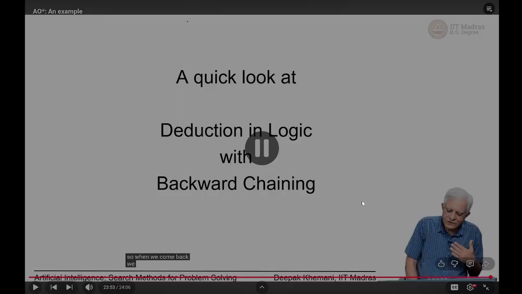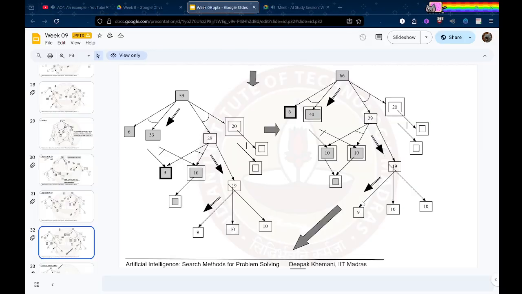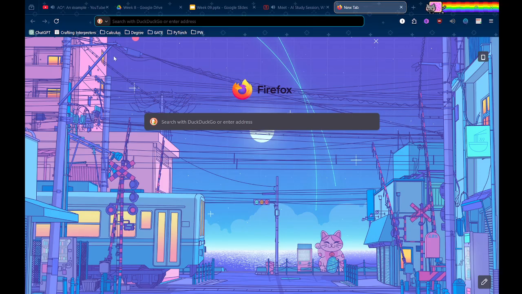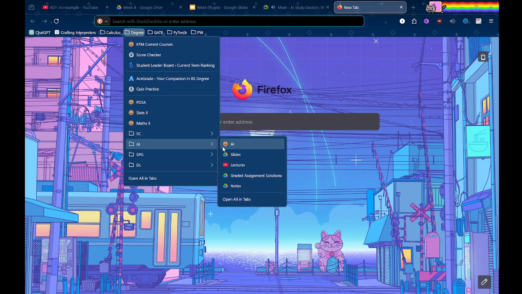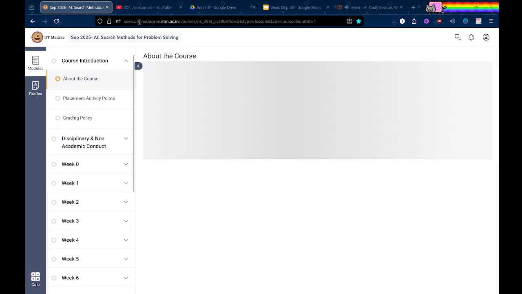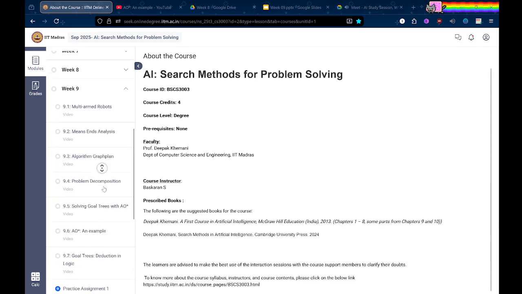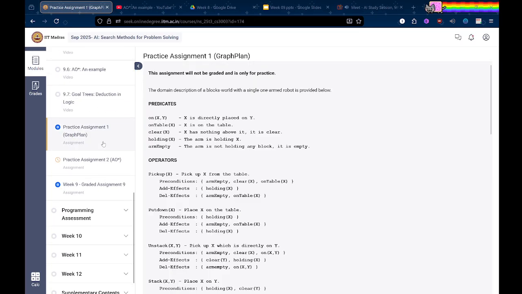Okay, let's just take up another example. From PYQ or from the DAP assignment? Let's just take up graph plan first.